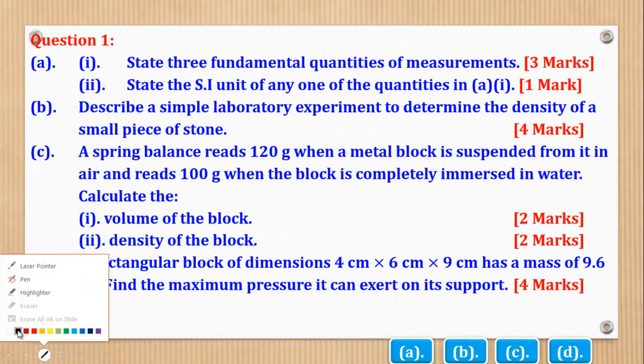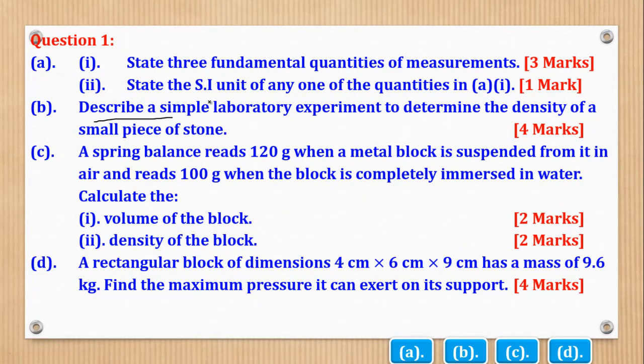Part B said, describe a simple laboratory experiment to determine the density of a small piece of stone. So a small piece of stone is an irregular object. So how do we find density of an irregular object? Let's first make a sketch.